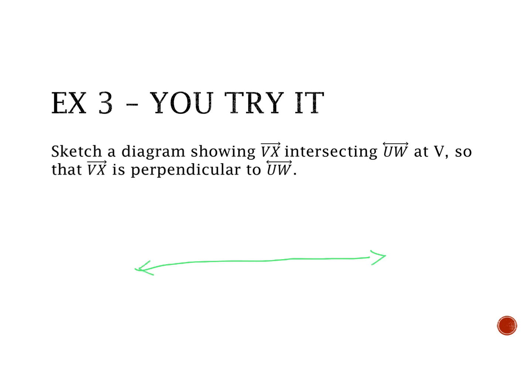And I'm going to put my 2 points, U and W. So I'll call this U. This is point W. I was told that ray VX intersects UW, and VX is perpendicular. So here's my ray. We said that it intersected at V, and we know that this is ray VX.